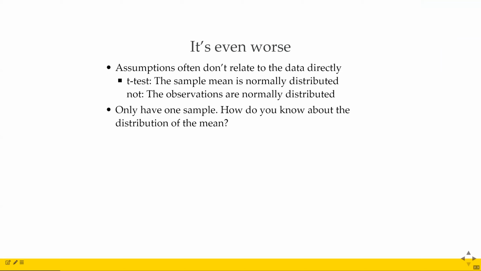So if you're, say, doing a t-test, you are making assumptions about how the mean of your sample is distributed, but you only have one sample. You basically know nothing about the distribution of its mean because you have a single observation there, right? So you can look at your data and it may or may not look like that's a reasonable assumption, but it can be hard to be sure, right?